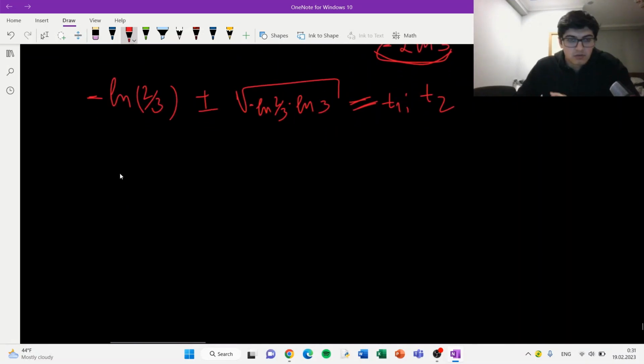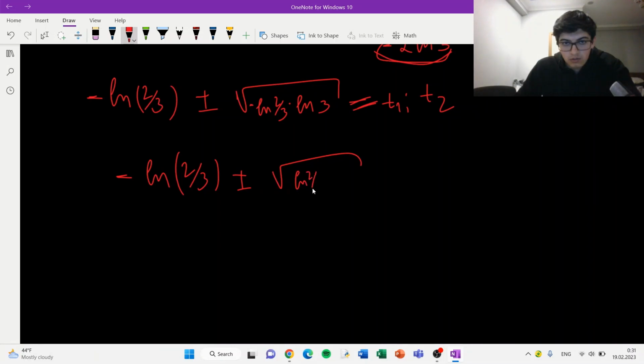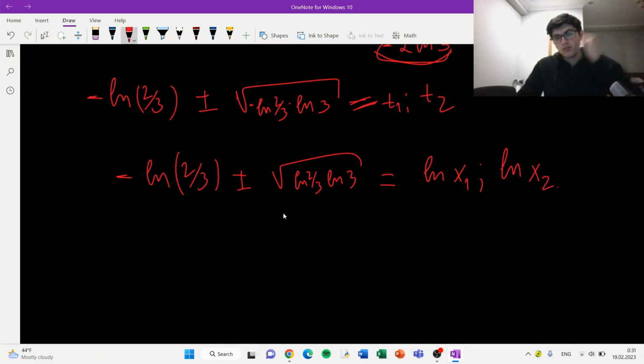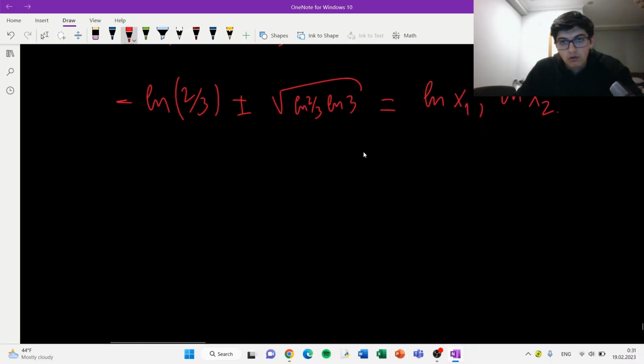These values are equal to minus ln 2 divided by 3 plus minus square root of ln 2 divided by 3 ln 3, which is equal to ln x1 for the first term and ln x2 for the root. And now we should check whether we have a solution or not.